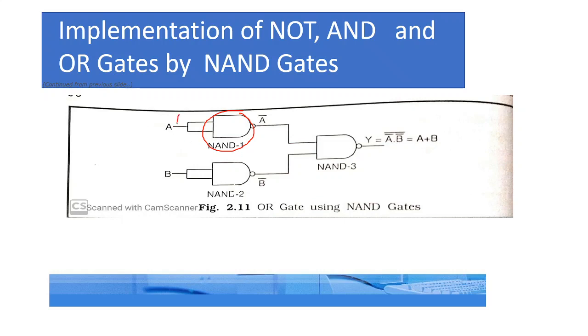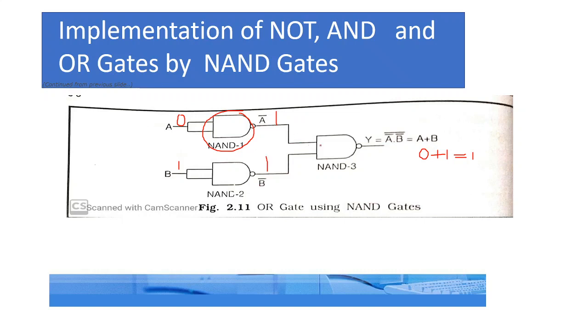Suppose A is equal to 0 and B is equal to 1. So in the case of an OR gate, the output must be 0 plus 1, which is equal to 1. So the output must be 1. Let us see if this output comes with these 3 NAND gates. Here A is equal to 0, so A bar is equal to 1. Here B is equal to 0, so B bar is equal to 1.